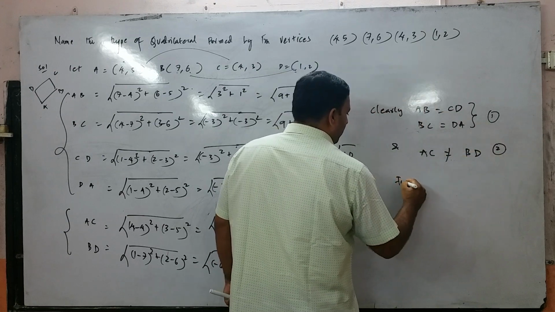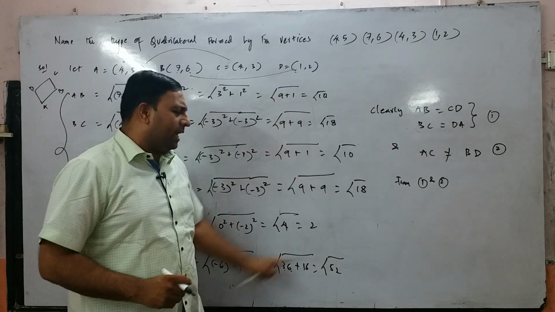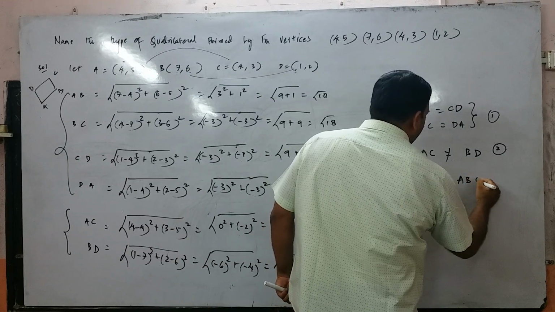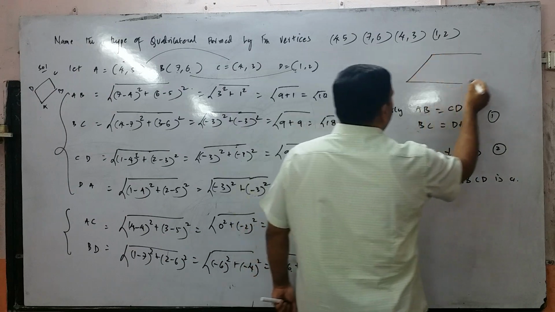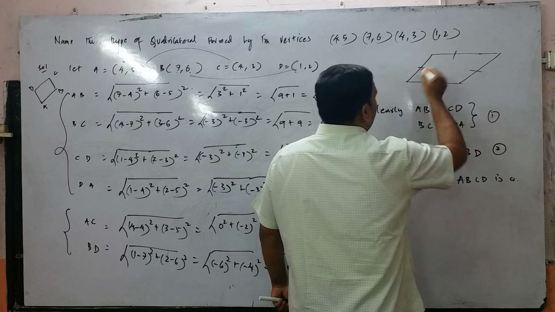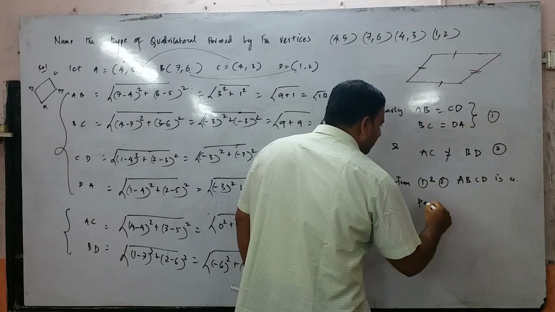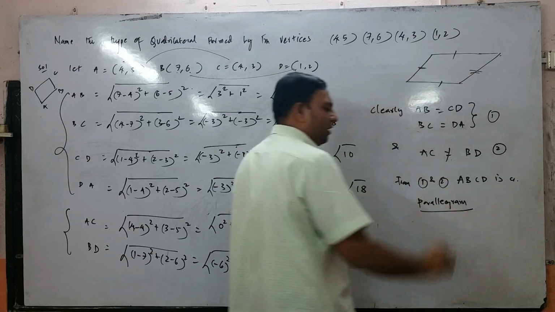So from 1 and 2, when opposite sides are equal and diagonals are not equal, I will declare ABCD is a, what, sir? Parallelogram. In a parallelogram, the condition is that opposite sides are equal but diagonals are not equal. So ABCD is a parallelogram. Right?